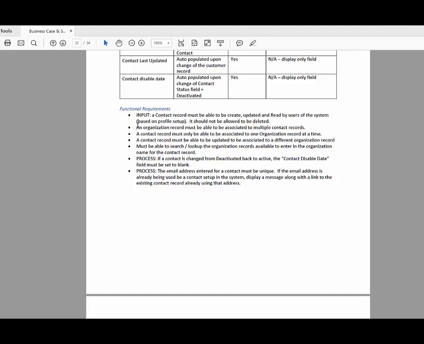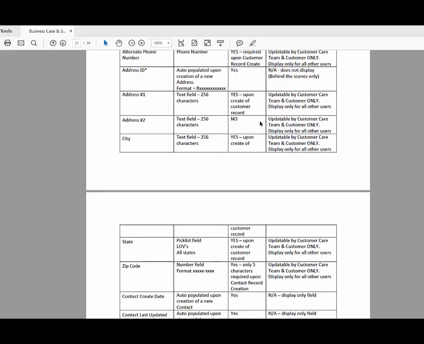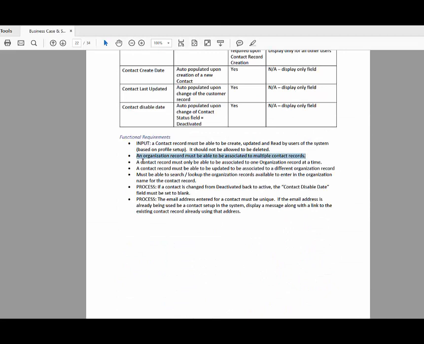There were other requirements that went along with this, that an organization record must be able to be associated to multiple contact records. We hadn't identified that yet in our data requirements. So that is something that our IT developer would need to know. A process item: if a contact is changed from deactivated back to active, the contact disable date field must be set to blank.